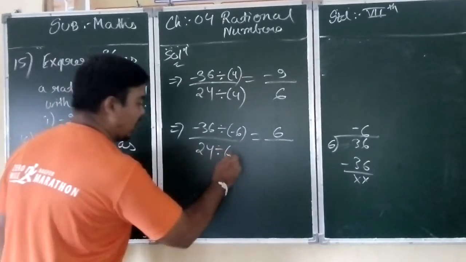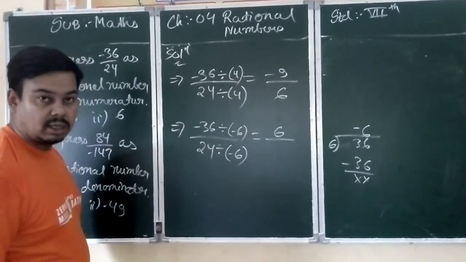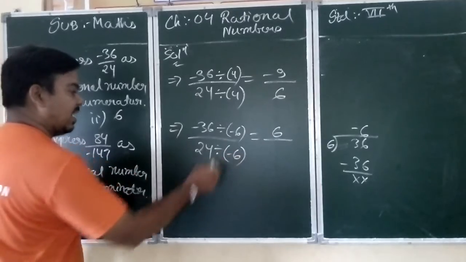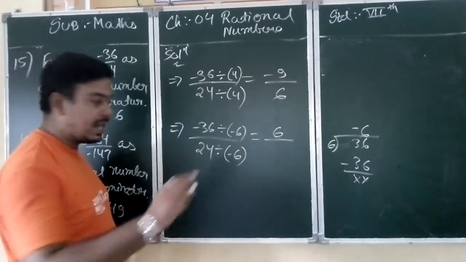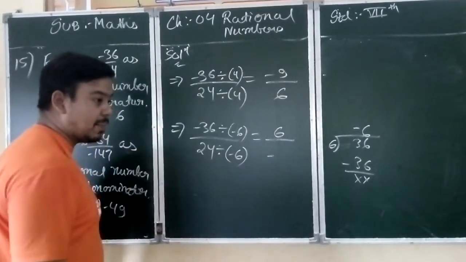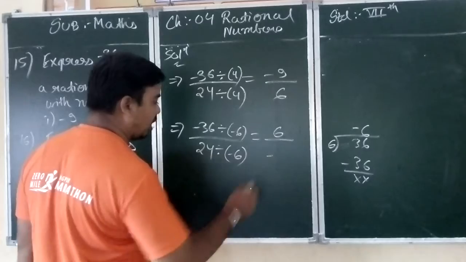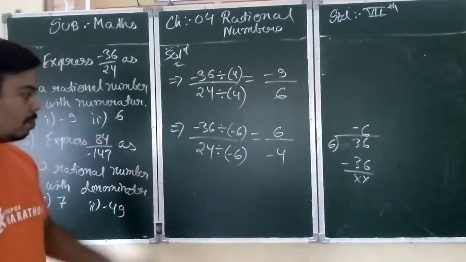So 24 is also divided by minus 6. 6 times 4 is 24, but the divisor is negative, so the denominator is also negative: minus 4.